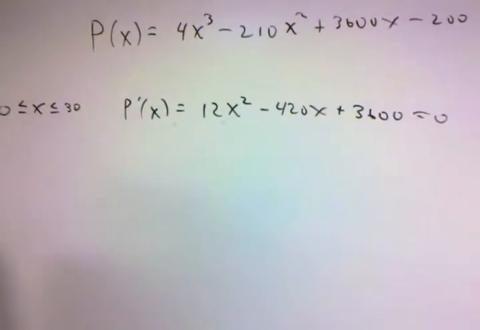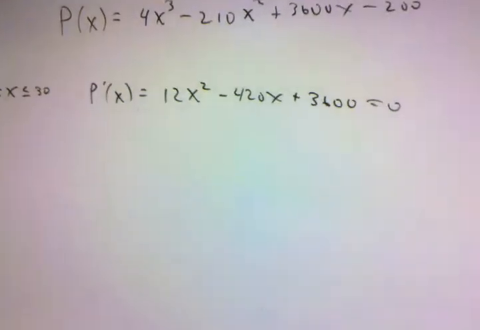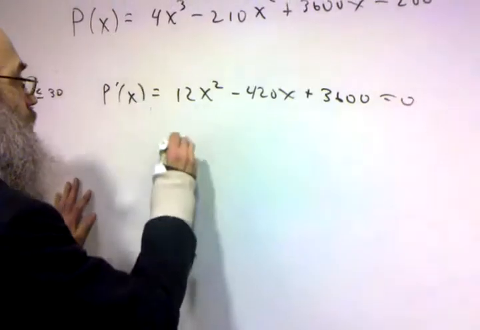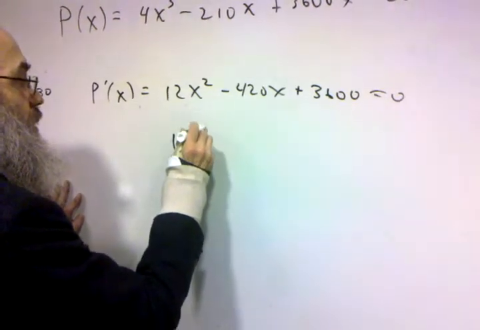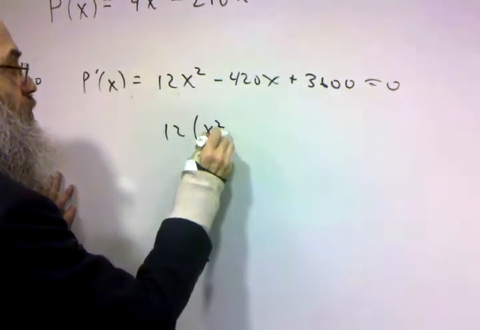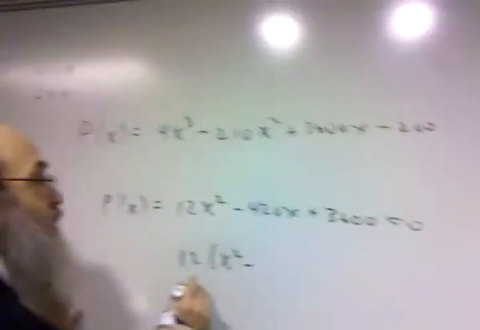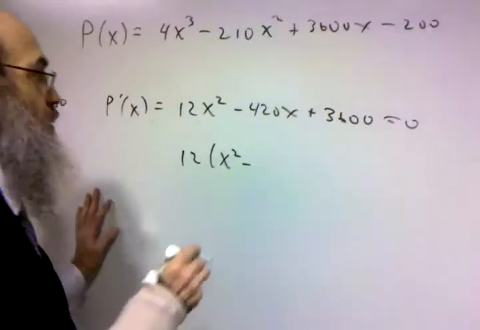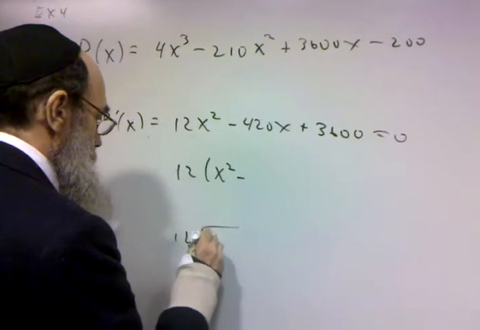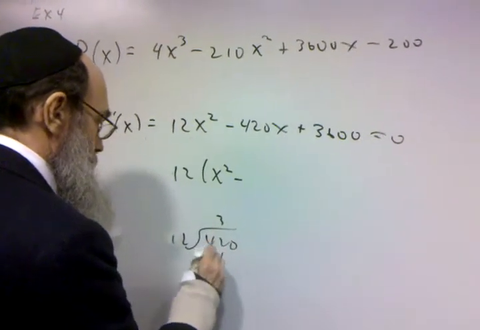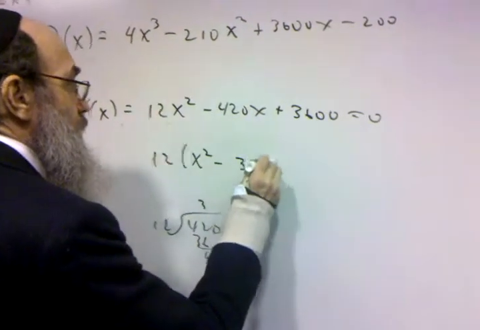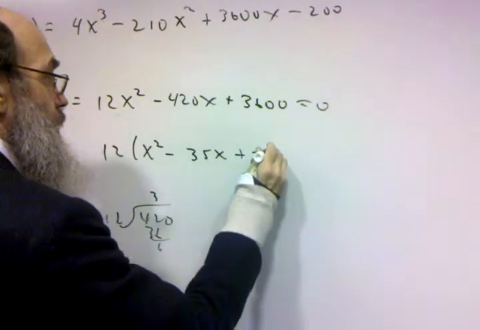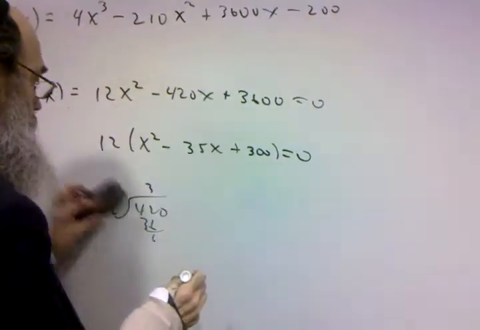First you have to solve this equation. To solve this equation, we factor it, and we get as follows. It's 12 times x squared minus 35x plus 300 equals 0. I continue to factor this.